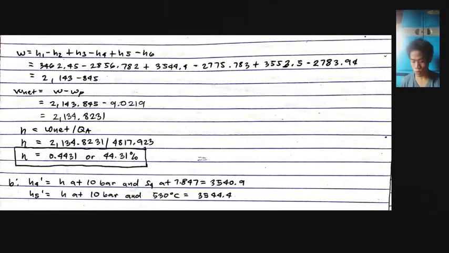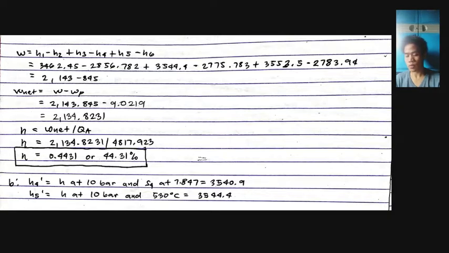Next, for W, or work, is equal to H1 minus H2 plus H3 minus H4 plus H5 minus H6.